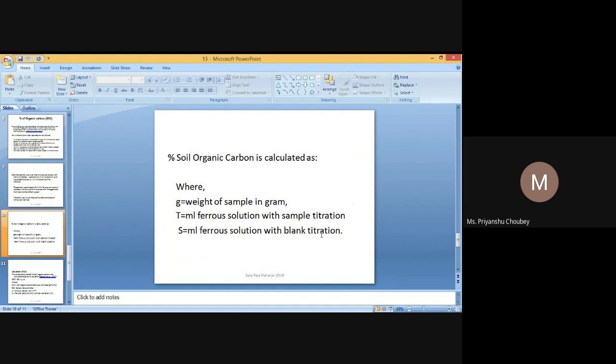Oxides also form a complex with humus, and calcium carbonate precipitating around soil particles acts as a cementing material for aggregates and imparts stability to soil aggregates.